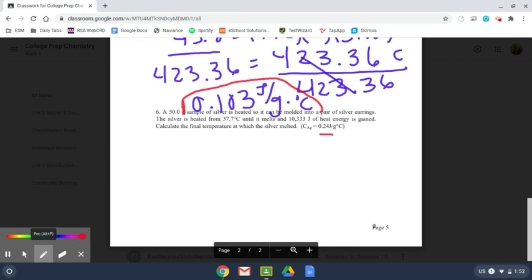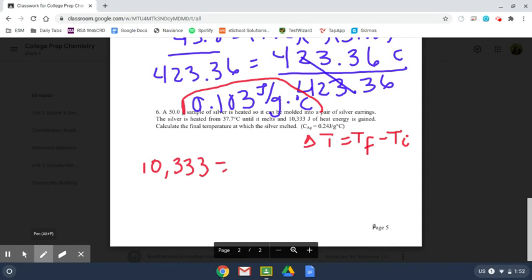So remember that T final minus T initial is delta T. So we're going to have to substitute this equation in. So 10,333 equals Q equals M, 50, times C, which is 0.24, delta T. Our final temperature is what we don't know.